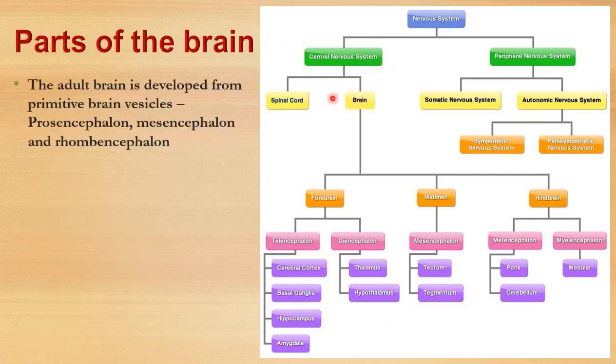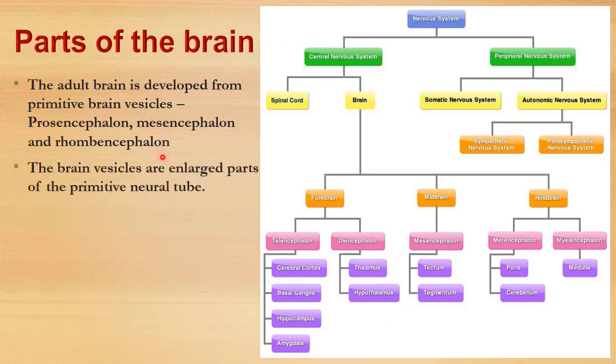Now, how are the brain and spinal cord developed? Initially it is a long tube which is called the neural tube. The upper part of this neural tube shows some dilatations, which are called the brain vesicles or primitive brain vesicles. That is the prosencephalon, mesencephalon, and rhombencephalon.